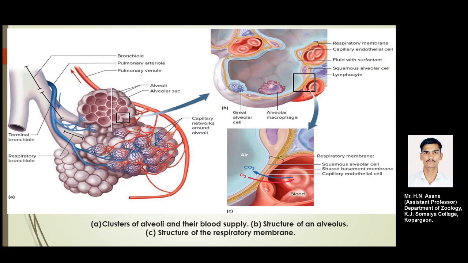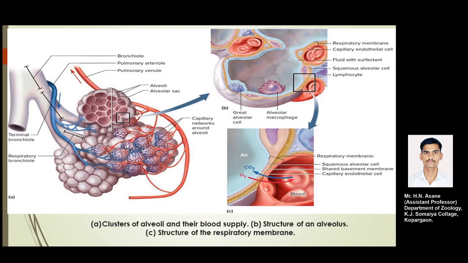In between two alveoli, minute pores called alveolar pores are present on the respiratory membrane, which allow air to pass into the adjacent alveoli. They are about 10 to 15 microns in diameter.